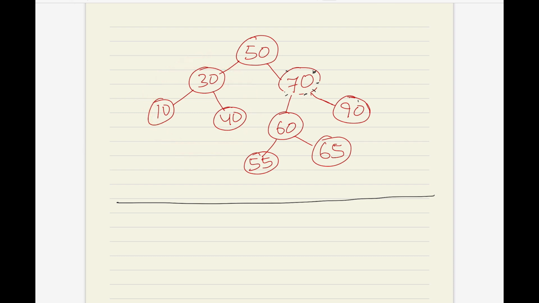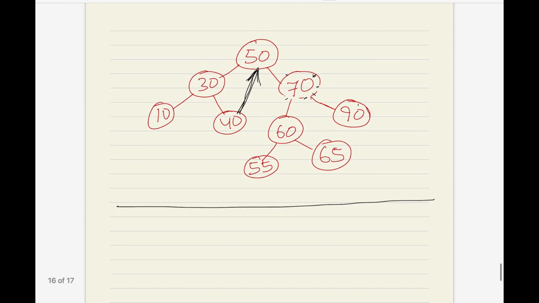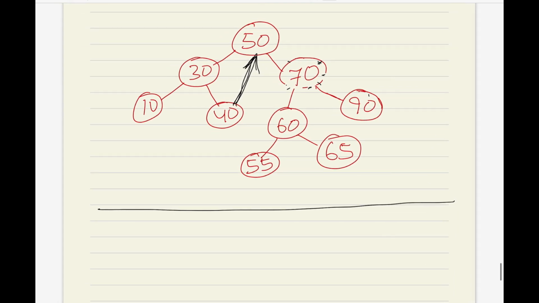So, just replace this 50 with 40 and also delete 40 from its position. So, here you can observe, while we are performing the deletion operation of a node that has two children, actually we are performing two deletion operations, or recursively we are also calling another one.